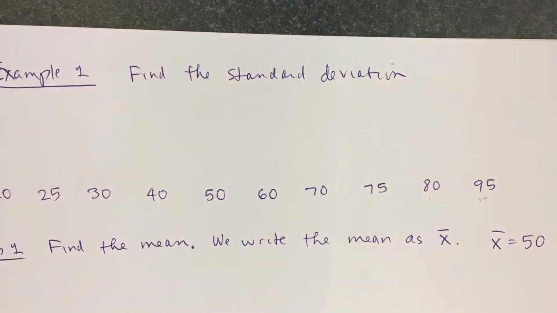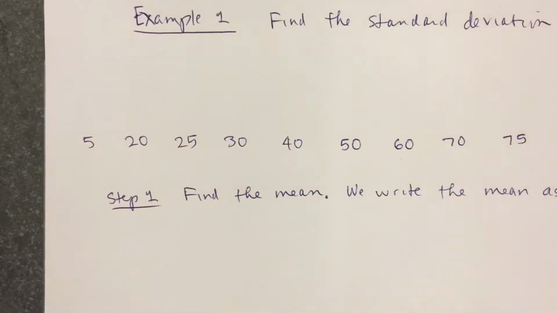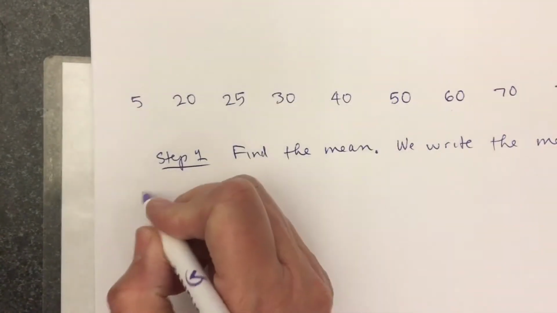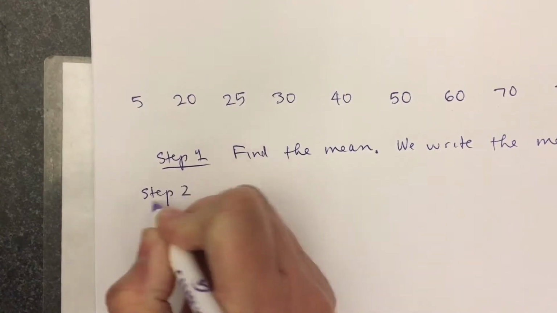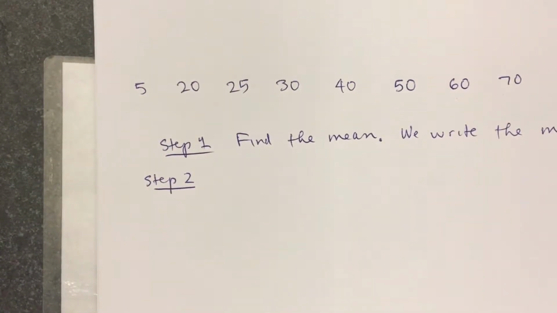And if you're not sure about that, you can go ahead and do the calculation, and you'll see that it's 50. Step number 2, I'm going to put step 2 in a column on the left side of the page. Step 2 is I take each score and subtract the mean from it.